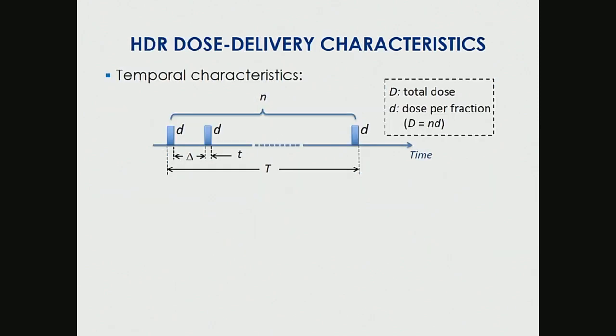HDR prostate brachytherapy is typically delivered in multiple fractions, and the time separating two fractions is usually at least 6 hours or more. The dose rate during the delivery of each fraction can be considered constant. In that sense, the temporal pattern of this modality is very similar to the fractionated treatment used in external beam radiotherapy.